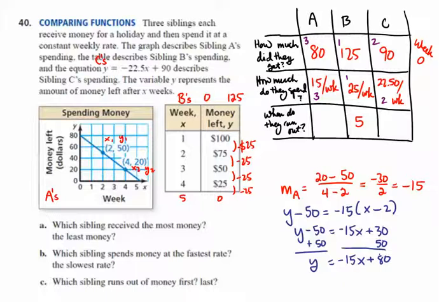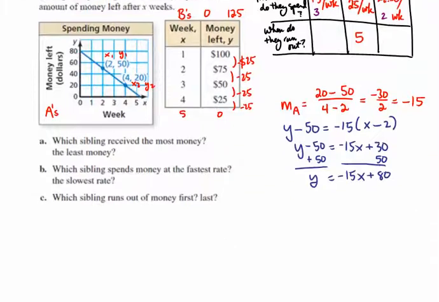What have we done with these? Now we can simply set y equal to 0. When y is 0, and I'll scroll down just a little bit so that we can have room for that. When y is 0, we have negative 15x plus 80.